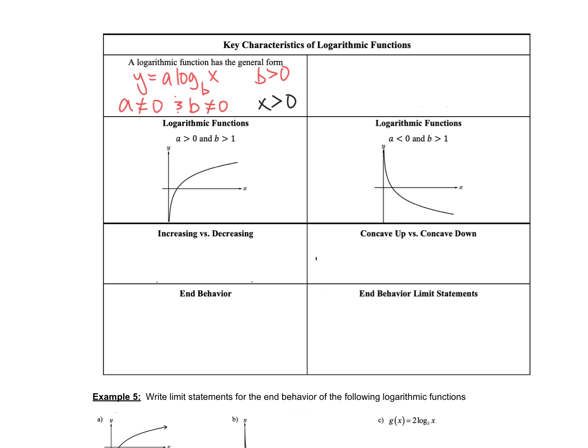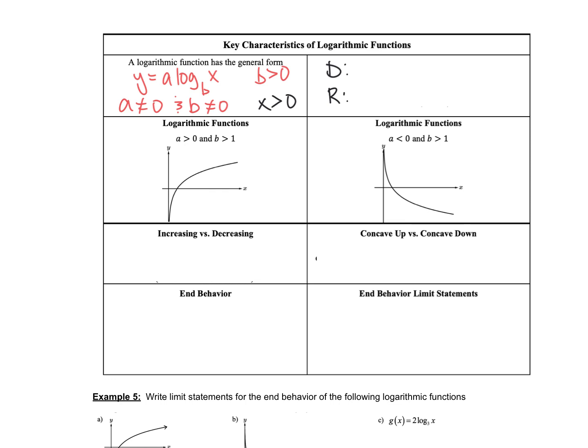The number in front can't be 0 because then I wouldn't have a function. The base can't be 0 because then I wouldn't have a base for my exponential function. And the value inside of the logarithm has to be greater than 0. That's really important.